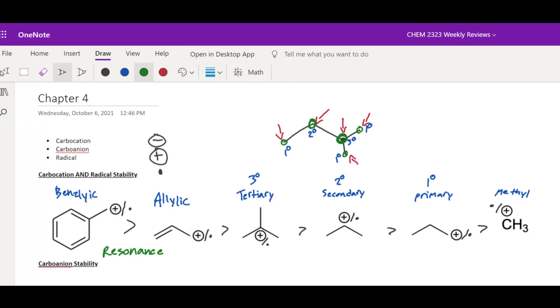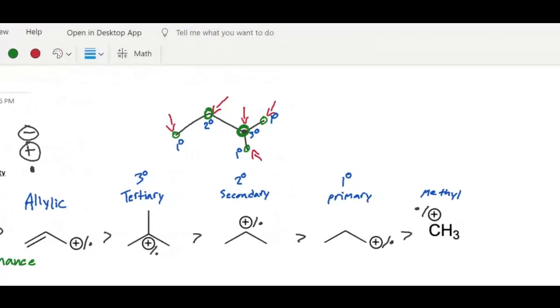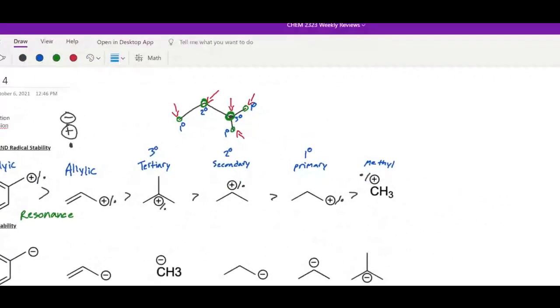Now, the reason why tertiary is the next most stable structure for carbocations and radicals is based on this concept. So let's look at this tertiary molecule, and let's look at this positive charge.